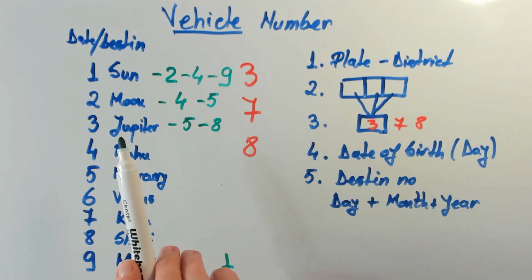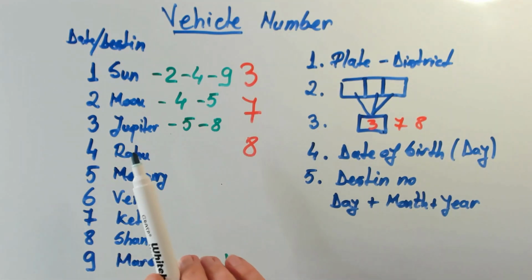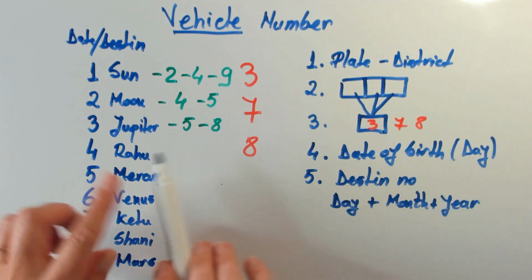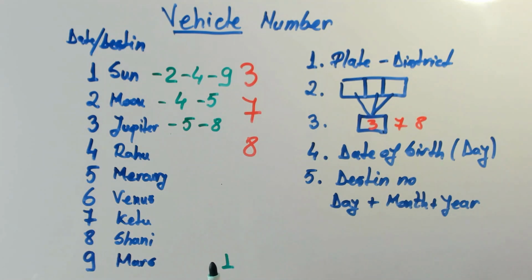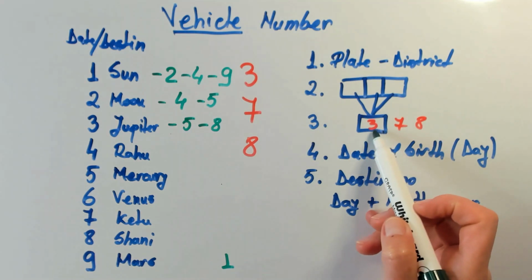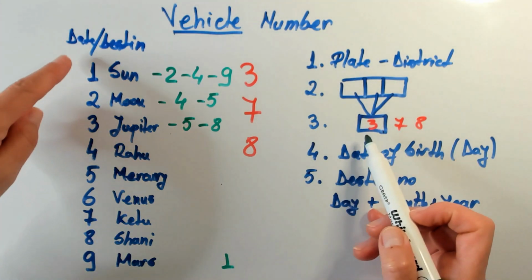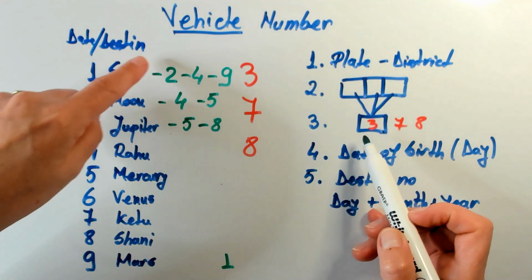So whether you have number 3 in the number or the reduced number on the vehicle, it may not correlate with your destined number or your date of birth. 3 is very good for commercial purpose, but at the same time you need to see if there is a correlation with that particular number. You need to have a correlation with that one, either with the date of birth or the destined number.